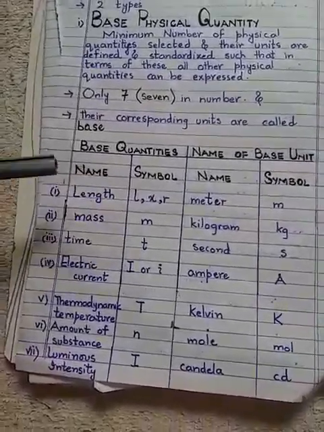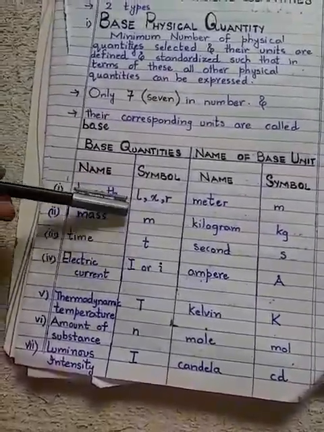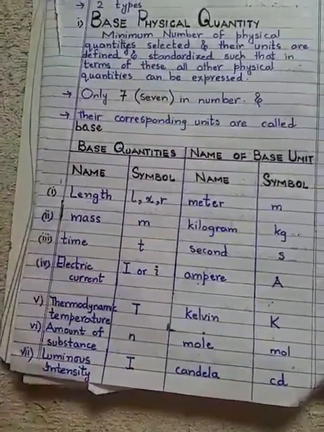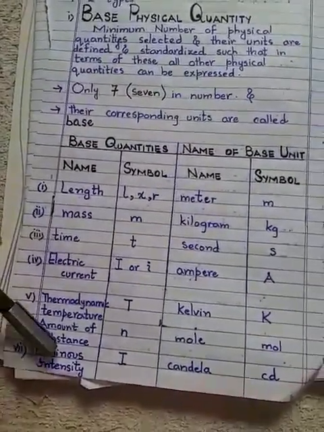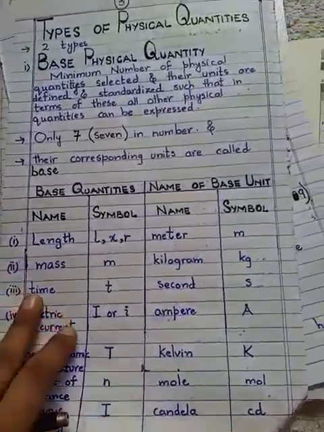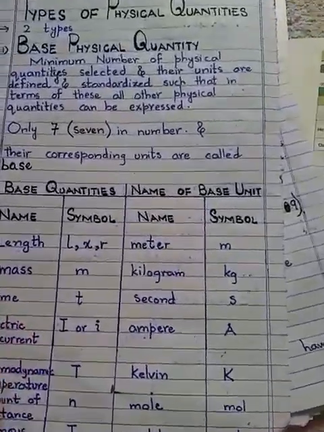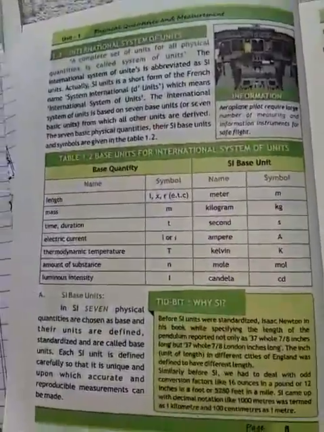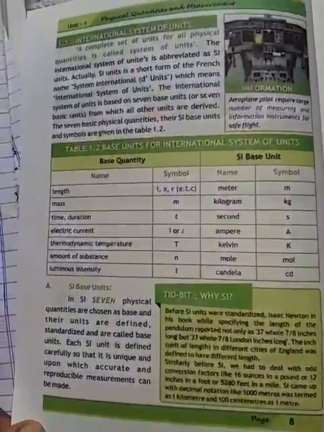Now first I will tell you about the symbol and unit used for the measurement of these base physical quantities. Before starting this, I will tell you about the system international unit, given in your book on page number 8. What is the international system of unit, girls?